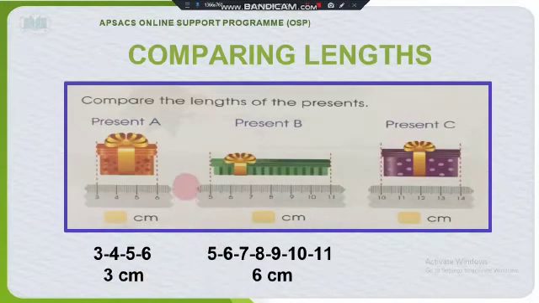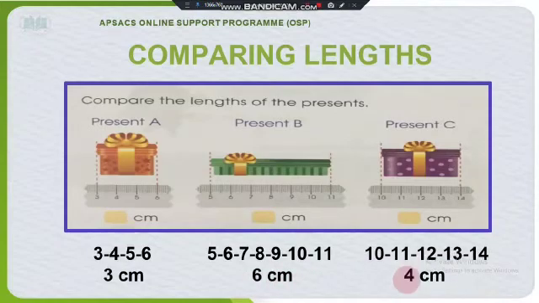In the same way, now count: 1, 2, 3, 4, 5, 6. So present B is 6 centimeter long, right? In the same way, we will count present C. From 10 to 11 is 1 centimeter, 2 centimeter, 3 centimeter, 4 centimeter.